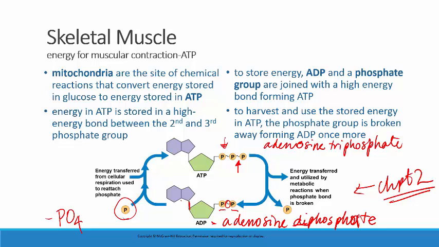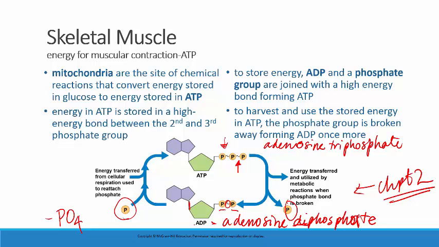When we use that energy, we break this high energy bond, harvest the extra energy found there, a phosphate group is released, and ATP is turned back into ADP again. So it's a reversible reaction because we can cycle this ADP through cellular respiration, attach a phosphate group using that high energy bond, and then very shortly afterward break that bond and use the energy.